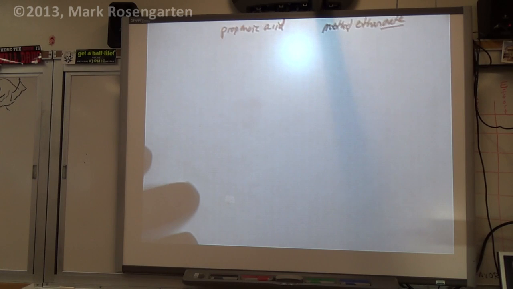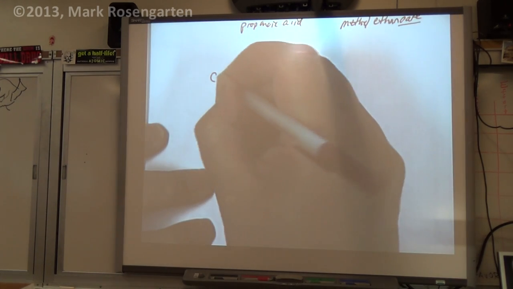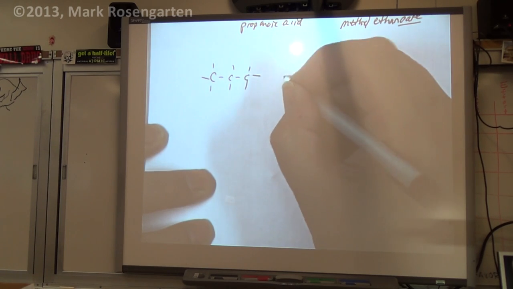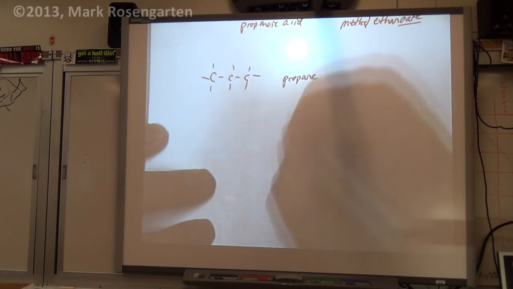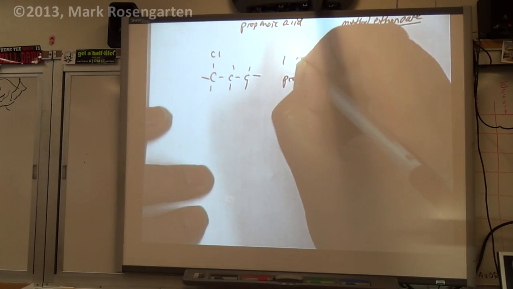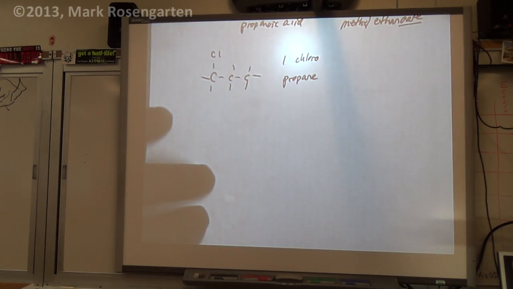Oh, okay. Let's see. Let's suppose we've got this molecule here. This is propane. And through a substitution reaction, we pull off one of the hydrogens and replace it with a chlorine. This then becomes 1-chloropropane.